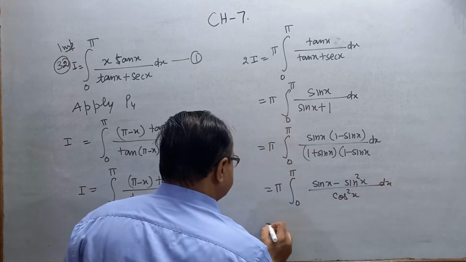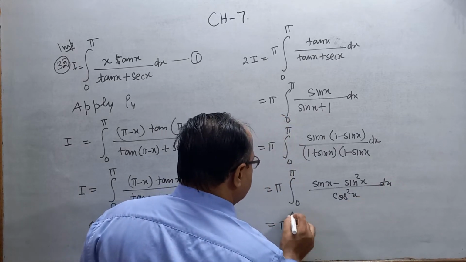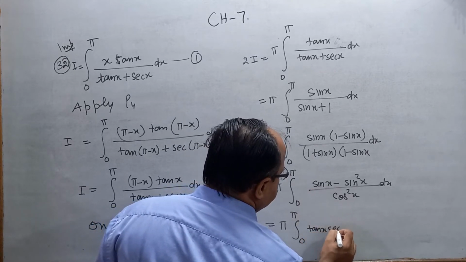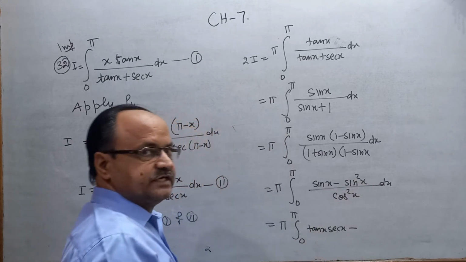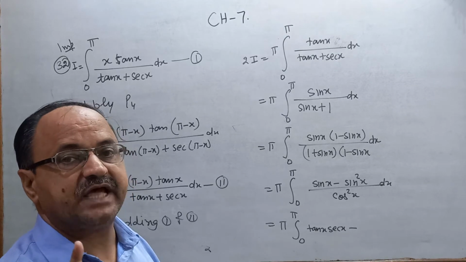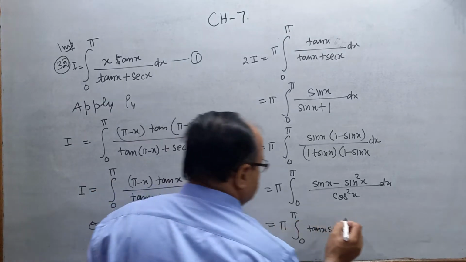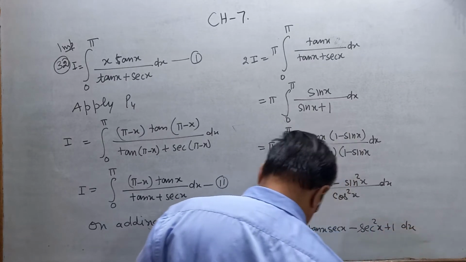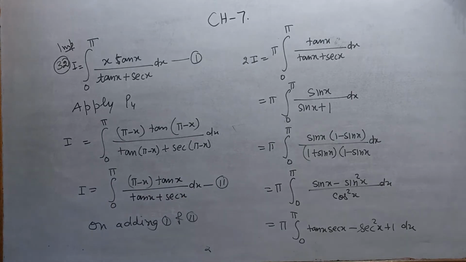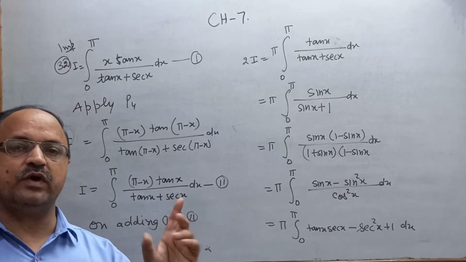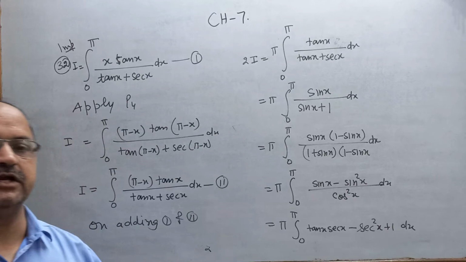Separate: sin x by cos square x is tan x sec x, and sin square x by cos square x is tan square x, and in place of tan square x you can write sec square x minus 1. Clear? This is the type of removal of x. Firstly remove using the property P4, then on adding the question will be simplified, after that you can solve easily.